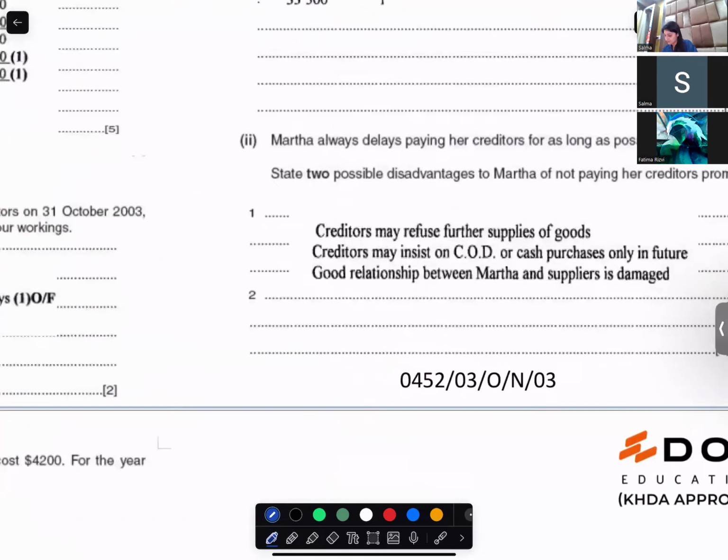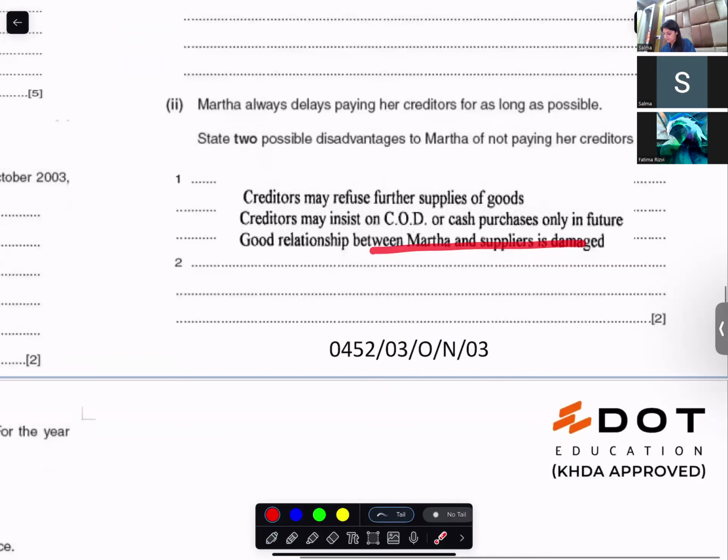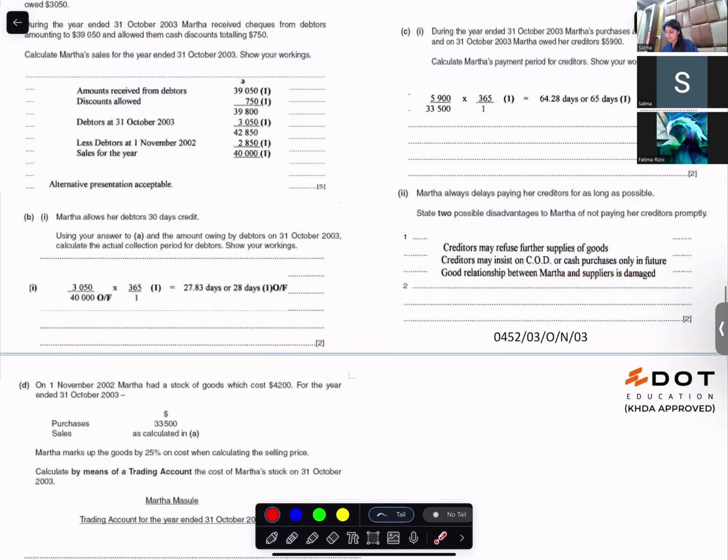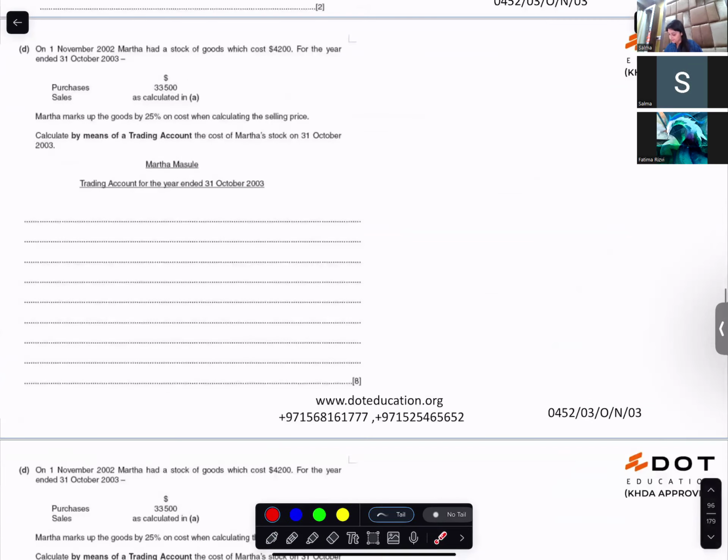Maybe her suppliers won't supply her anymore. They won't provide her the service. Or maybe Martha's relationship with her suppliers would be damaged and they won't offer her their services. Done. Now let's do this part, okay?